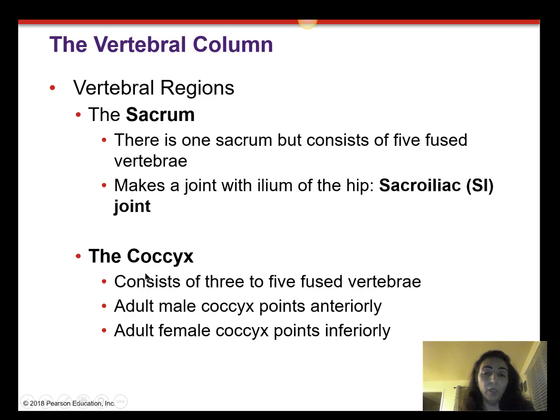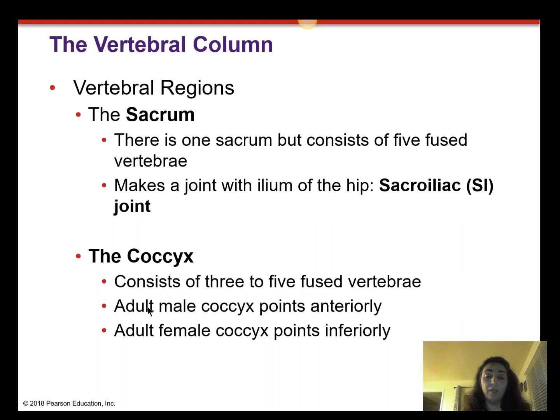And the coccyx consists of 3 to 5 fused vertebrae. The important thing is that the orientation of the coccyx can help you to recognize between the pelvis of a male and female, when it comes to recognition of the bones and determining what sex a bone belonged to, right?